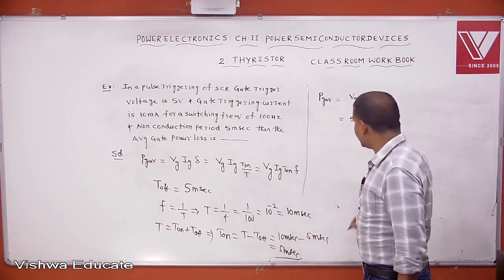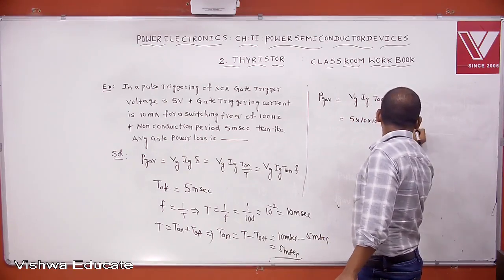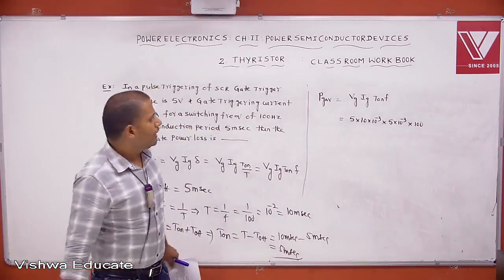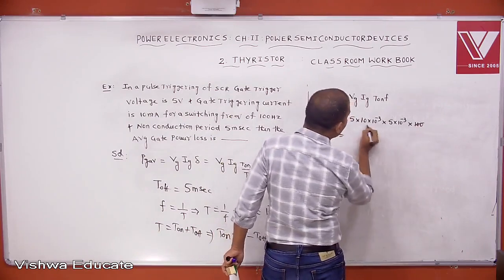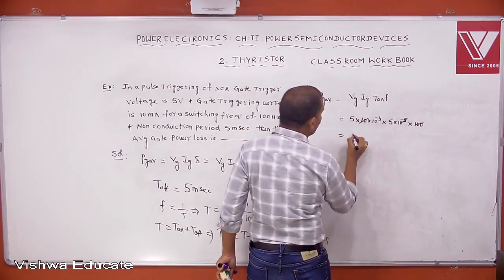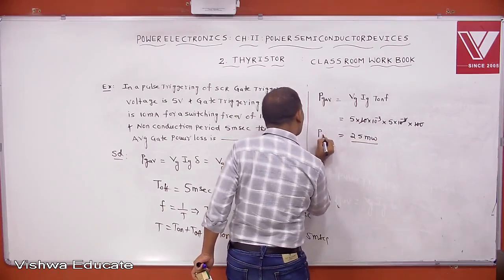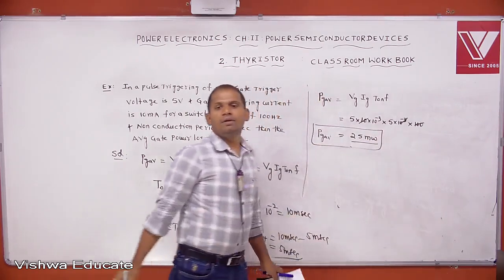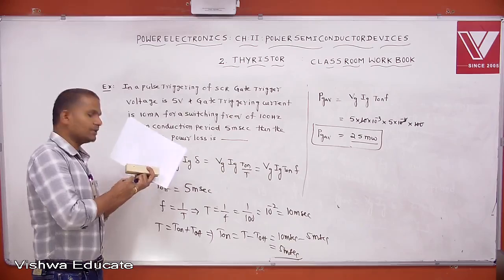On time we are getting 5 milliseconds. Frequency is 100 Hz. Calculating this, we can get 25 milliwatts. Then the average gate power loss is 25 milliwatts. Like this, we can solve any question based on this concept.